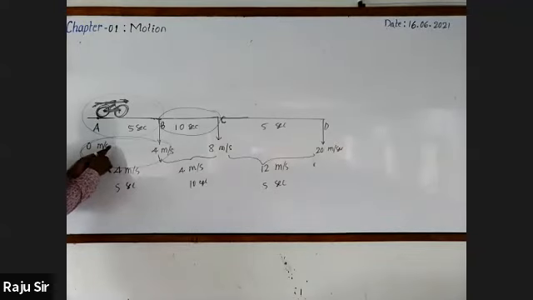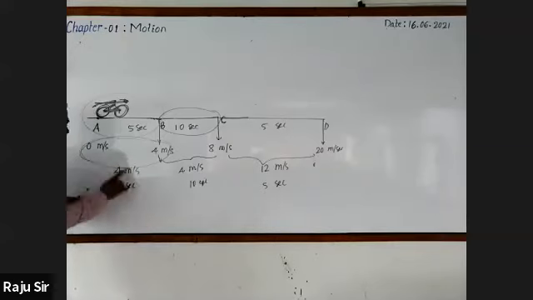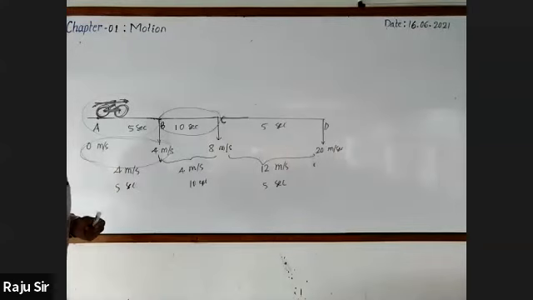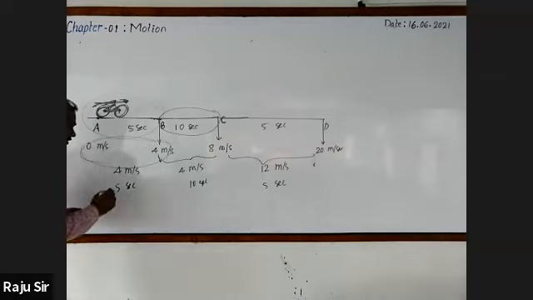Okay, in the first case, this bike has changed its velocity from 0 to 4 meter per second, taking 5 seconds. In 1 second, the change is 4 by 5.